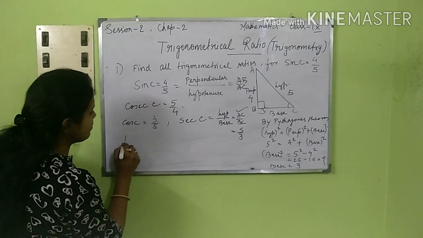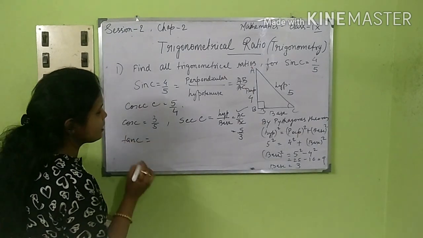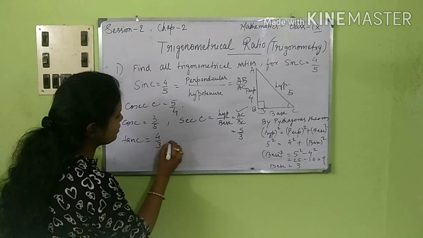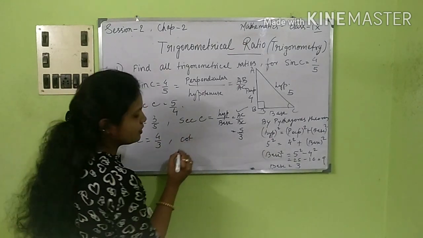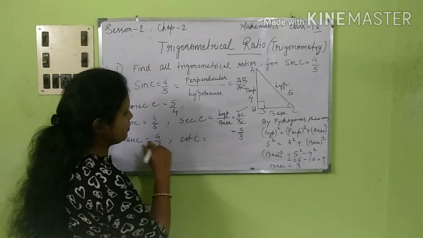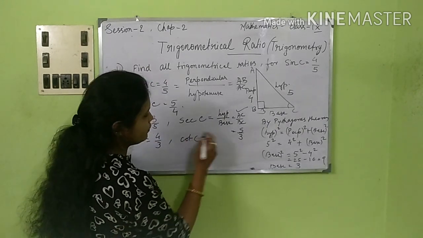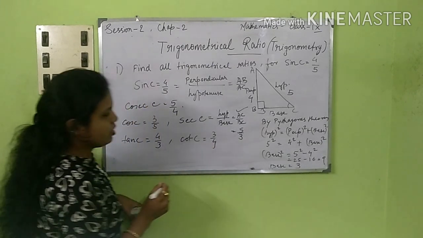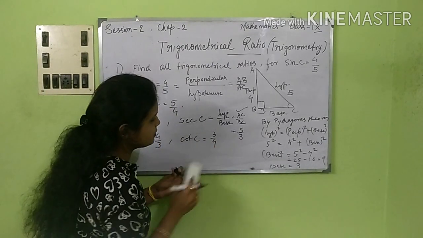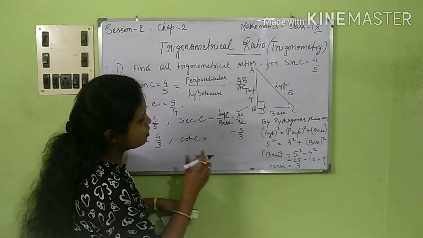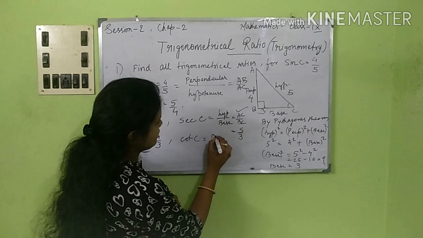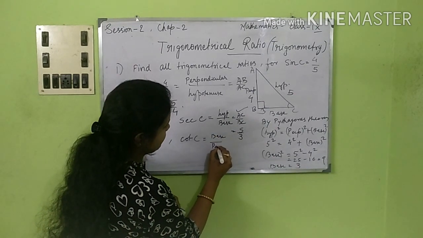Okay. Next, coming to tan C, we know it is perpendicular by base. Perpendicular is 4, that means 4 by 3, and the reciprocal of tan is cot C, that means it will be the reverse of this, that is 3 by 4. Whenever you are writing, I said please write first, that is, in case of cot C also it is base by perpendicular.